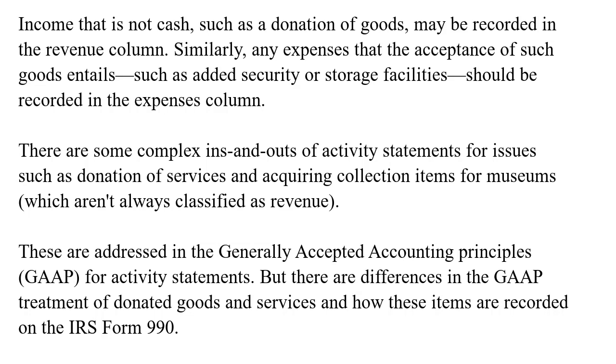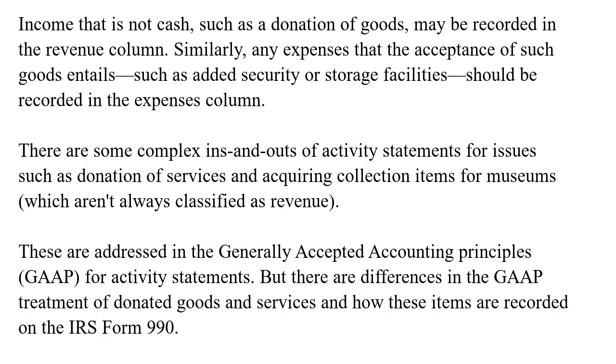Similarly, any expenses that the acceptance of such goods entails, such as added security or storage facilities, should be recorded in the expenses column. There are some complex ins and outs of activity statements for issues such as donation of services and acquiring collection items for museums, which are not always classified as revenue.